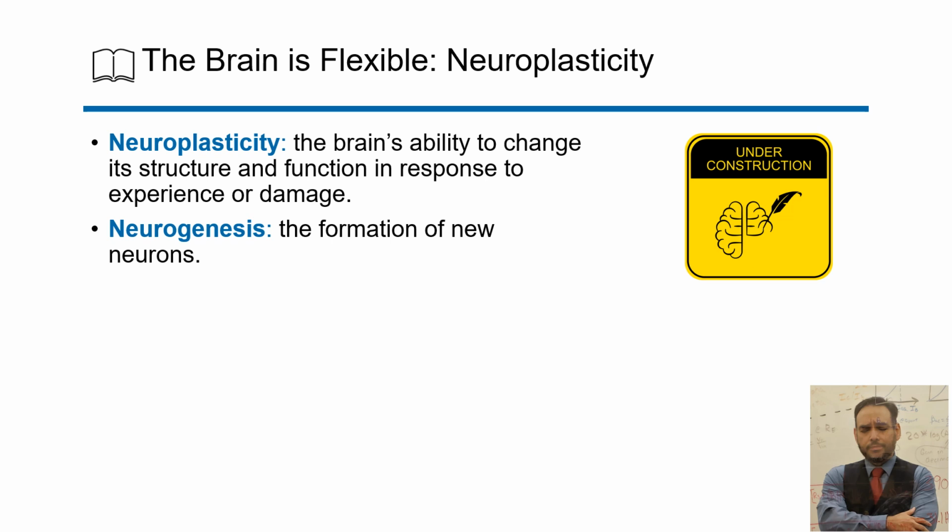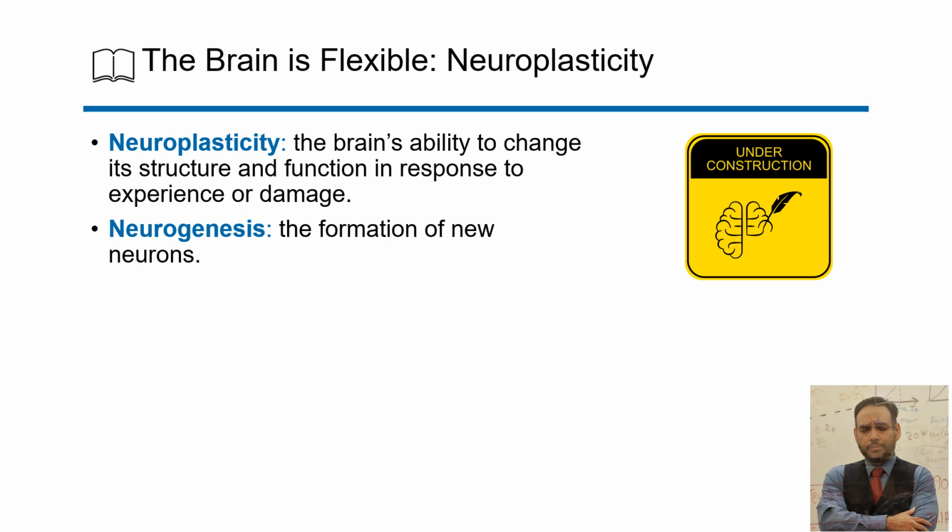It's like adding new paths into a big forest so you can get to places faster and easier. It helps you learn, remember things, get better at activities, especially new activities, and recover if you ever have a brain injury. The more plastic you are, the easier you recover.